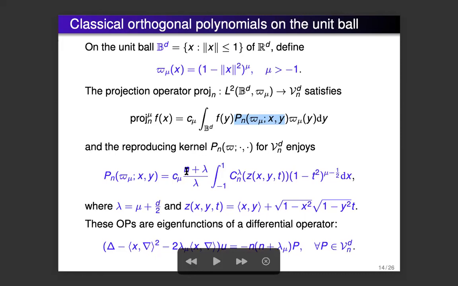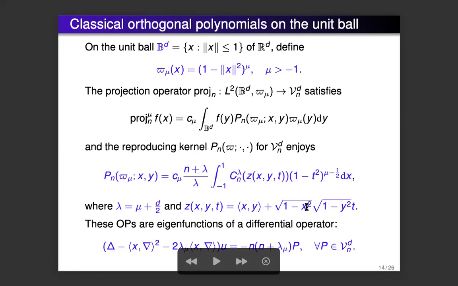Then you take this constant. Then you integrate a Gegenbauer polynomial, a one-dimensional integral. Sorry, this is dt, not dx. You take a one-dimensional integral, but your z is a little bit complicated. It's x dot y, the Euclidean inner product, not the orthogonal one. Then plus the square root of another term, the norm of x squared.